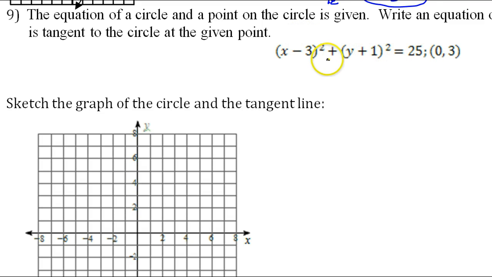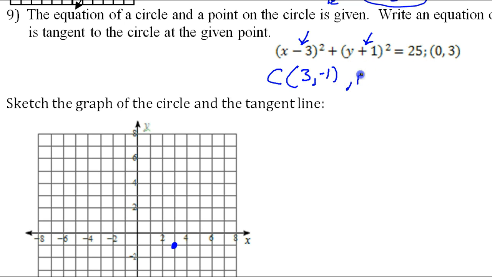We need to know that the center of this circle is going to be 3, negative 1. It's the opposite of this and the opposite of that. So let's graph that: 3, negative 1. So here's the center of the circle. Now, the radius is 5.